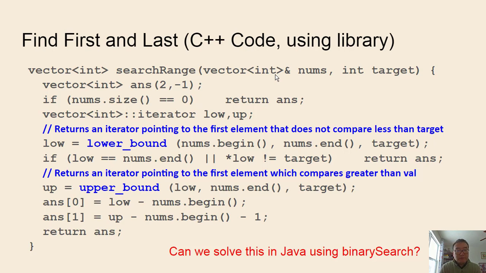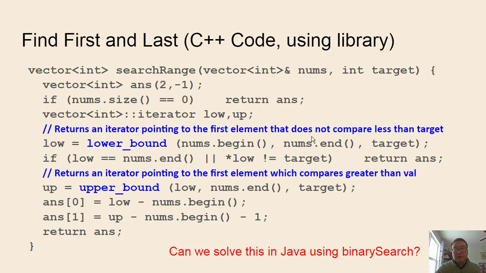C++ has these two functions called lower bound and upper bound, which are essentially binary search. Lower bound returns an iterator pointing to the first element that does not compare less than target, so the first element that is greater than or equal to target. An iterator has a lot of similarity with pointers.